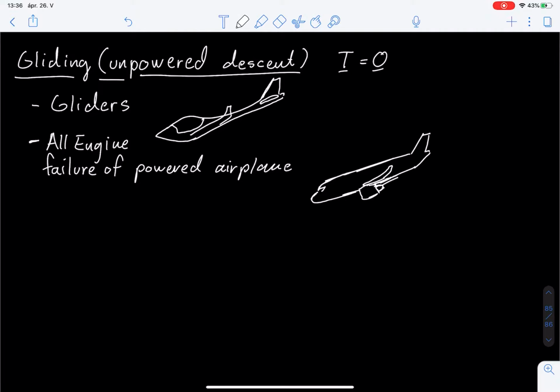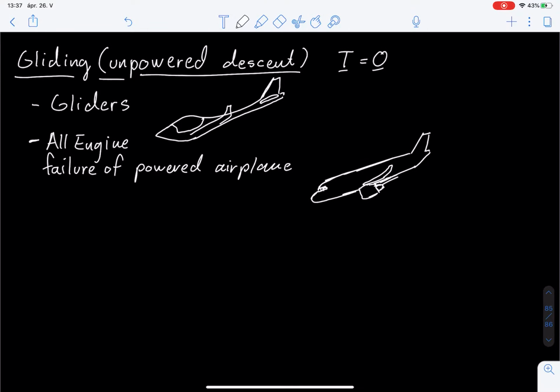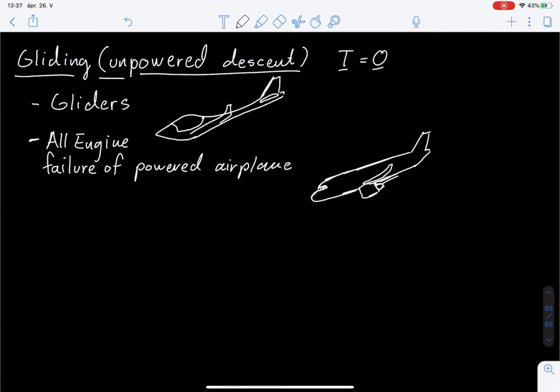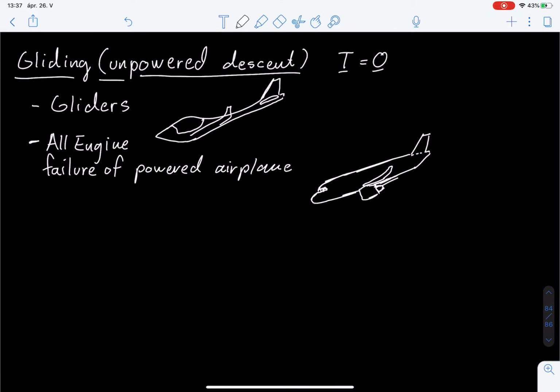So in this regard, the two scenarios are the same, from a flight mechanics point of view and from an aerodynamics point of view. In that case, we will see that the same thing matters for the glider as much as for the powered airplane, which has lost all of its engines. So we're not gonna talk differently about them. And of course, in this case, the engine failed, so there's no thrust being generated.